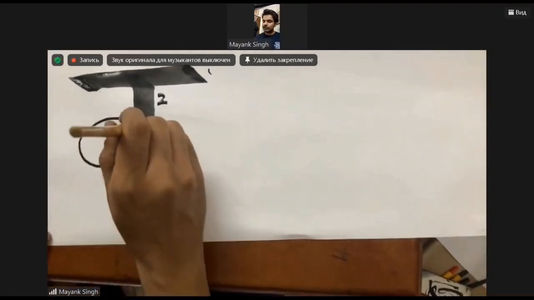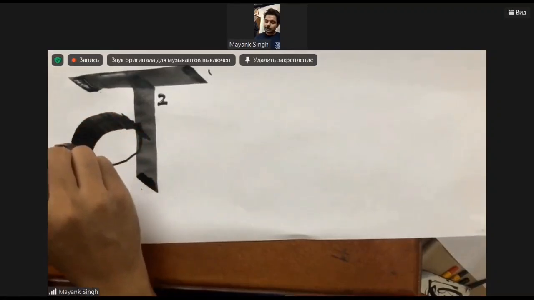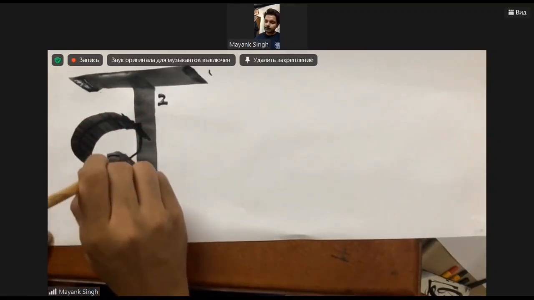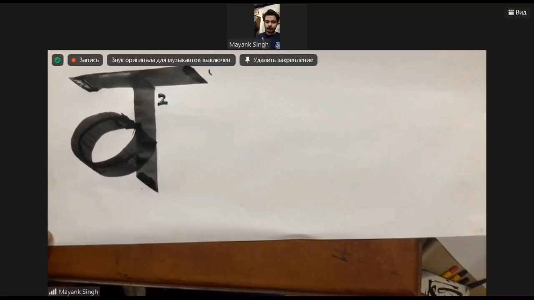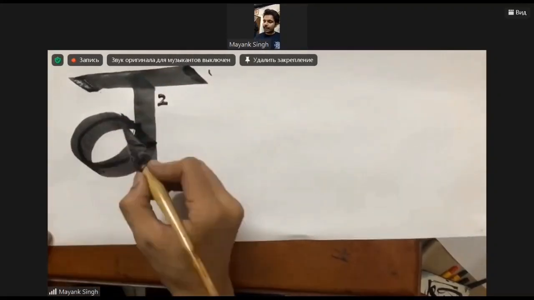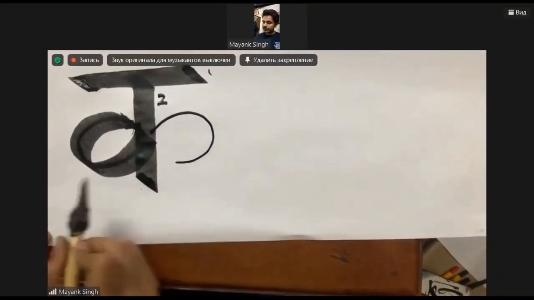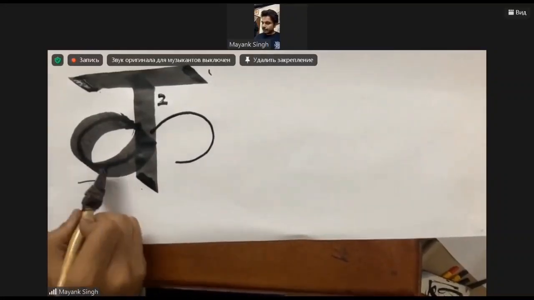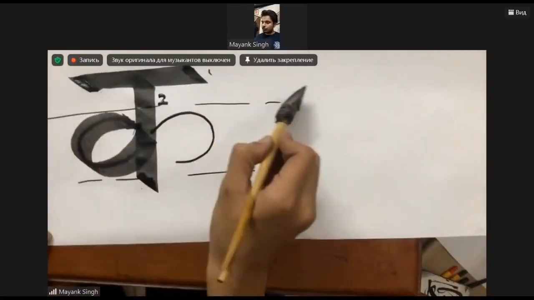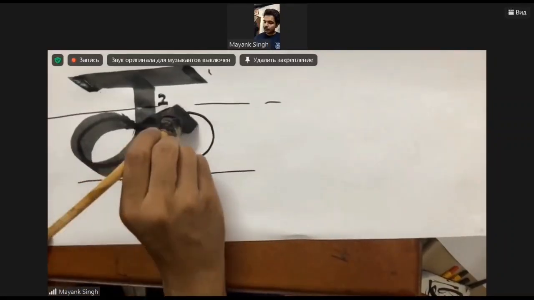It's a circle, so if I keep it at an angle, okay, this is a crescent stroke and then it extends like this, but the whole idea is to keep these two crescent strokes in one plane.